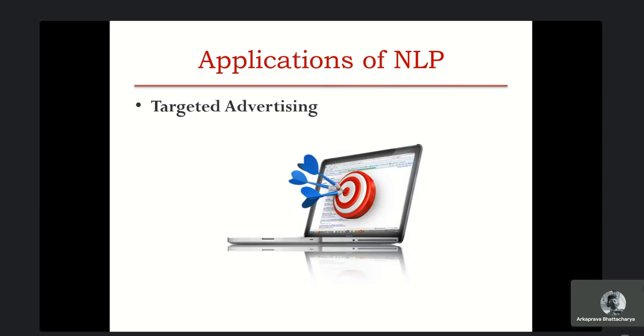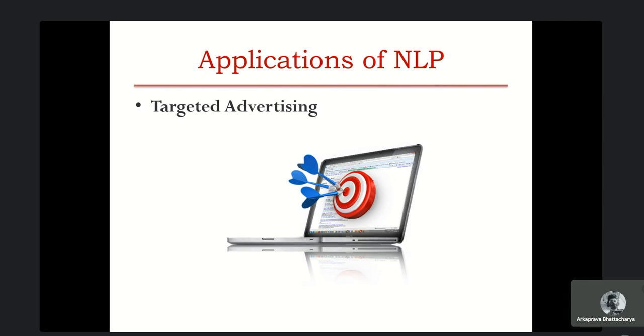Next is targeted advertising. Let's suppose you are looking into one genre on Instagram. You keep on getting the same reels. If you watch comedy around 3 to 4 times, then the next reels would be all about comedy. So how is the system able to understand you?